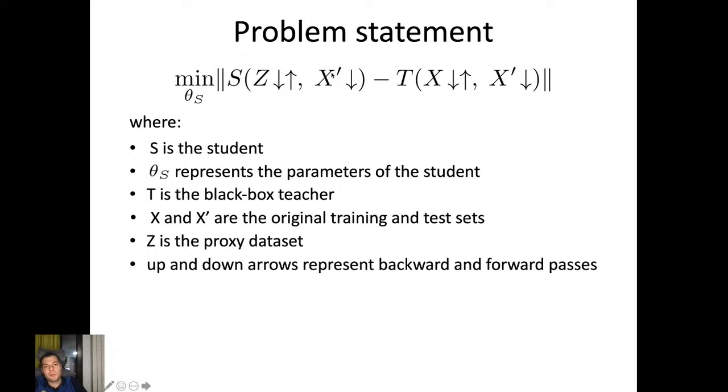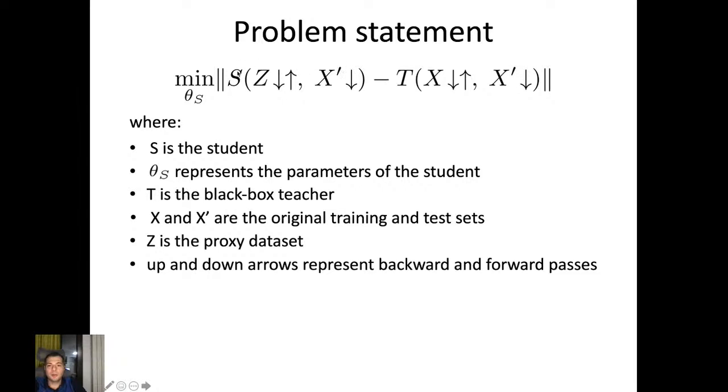We have a bunch of test images X prime, in order to test that the student reaches or is close to the accuracy of the teacher. This test set is from the same distribution as the training data, so the teacher is supposed to obtain very good performance on it.